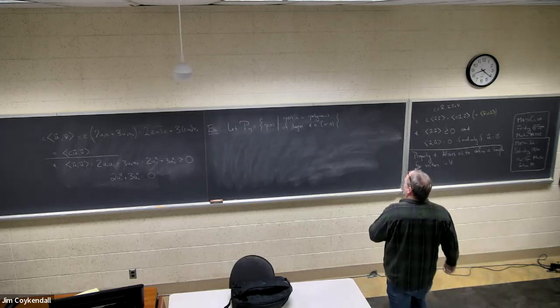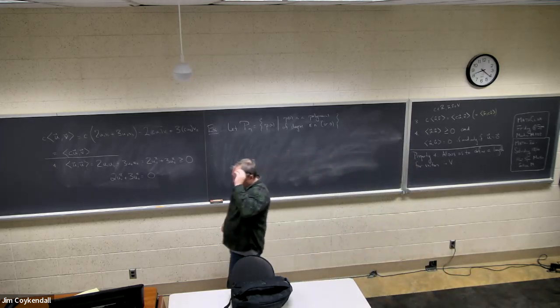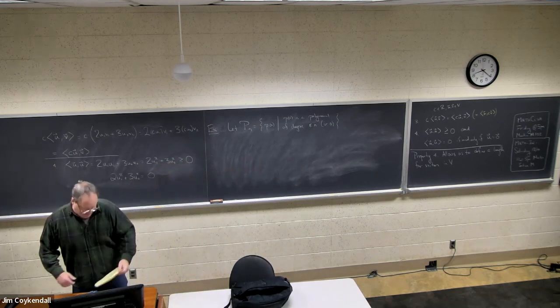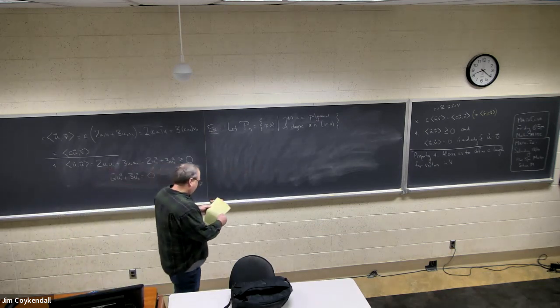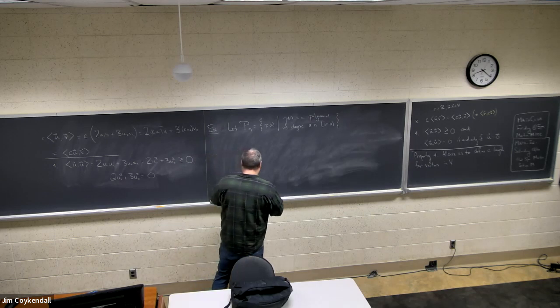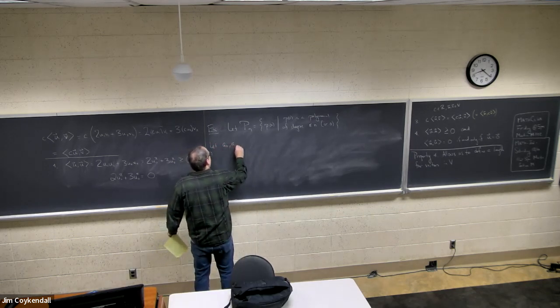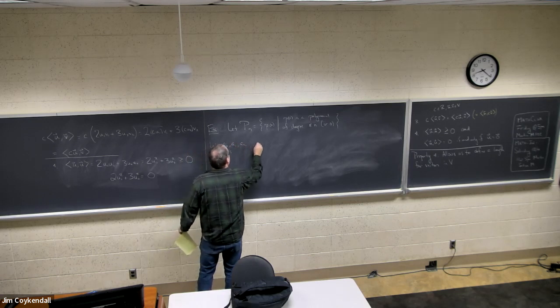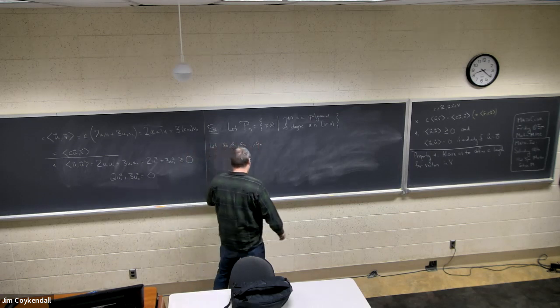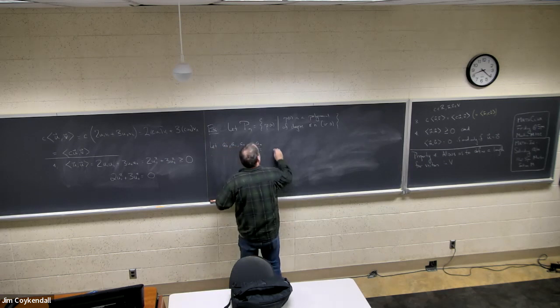I am going to define an inner product this way. First, I'm going to pick some fixed real numbers. So let A0, A1, A2, through AN be fixed real numbers.